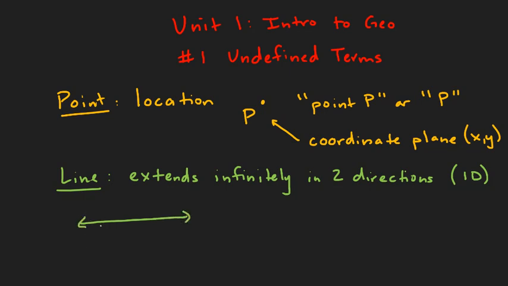I'm going to put 3 points on this line. I'm going to put A and B towards the arrows of this line, and I'm going to put C somewhere in between A and B. So we have 3 points on this line. When we name the line, though, we only use 2 points. For instance, we could call this line AB.